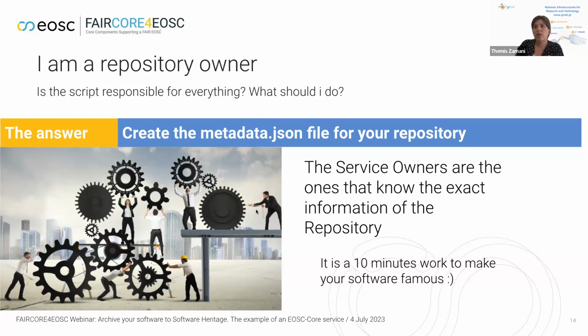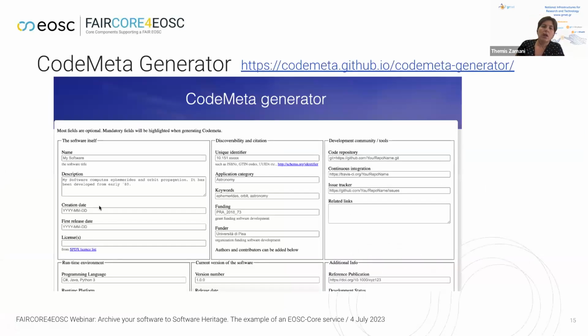So by the time a repository owner adds this metadata JSON file to the repository, everyone can search through Software Heritage for the repository with the metadata. Is it easy to make this metadata file? There is a CodeMeta generator, an easy to use tool to create your CodeMeta JSON.